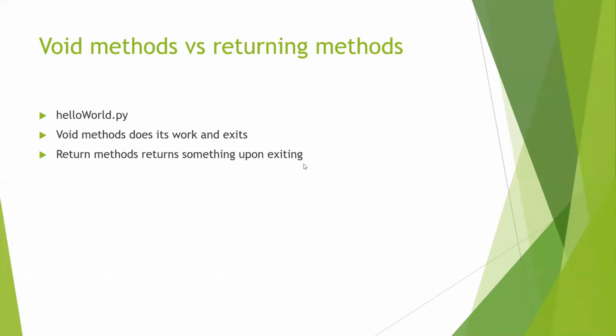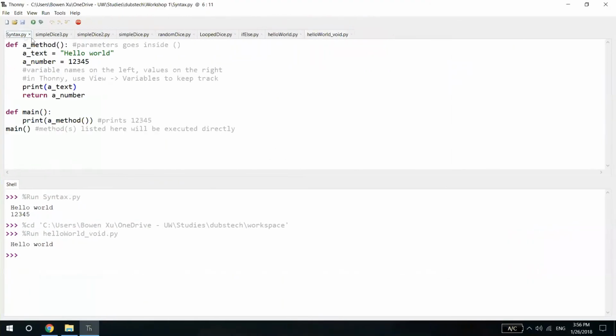So if you refer to the syntax right here, it returns this number right here. And then to actually print it to the console, we need to write a main method and print what is being returned by this method right here. So I want you to pause for a moment and write your own hello world file.